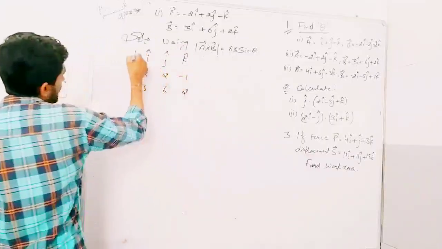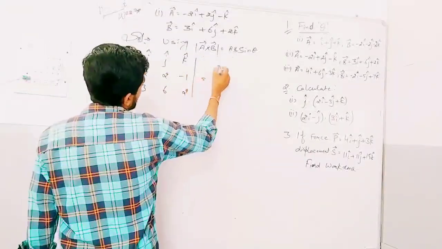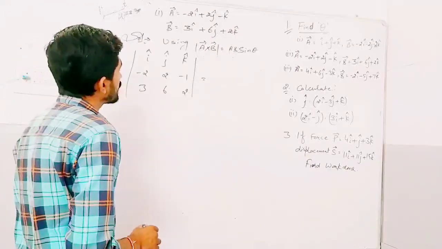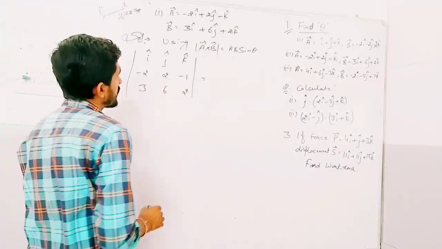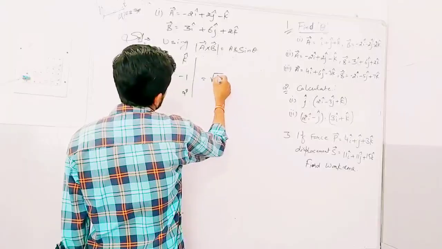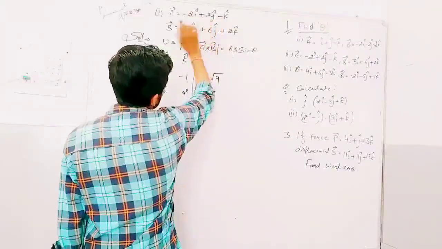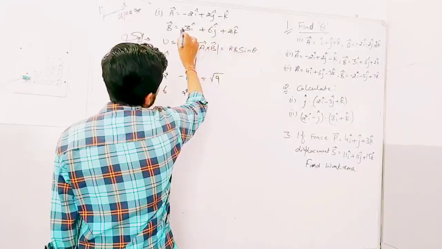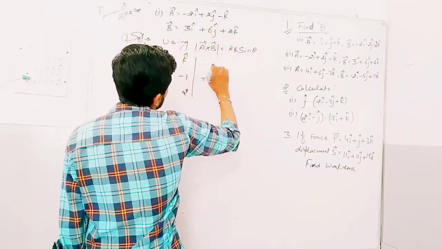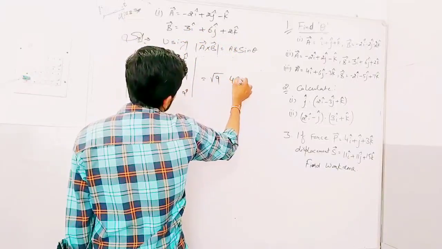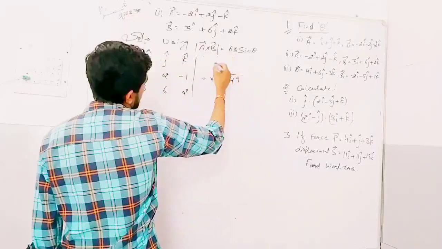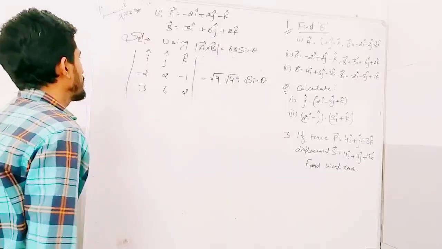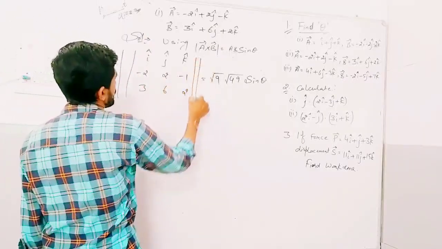I am just writing the values of vectors A and B, and here we have the magnitude of A. Magnitude of A is the square root of 4 plus 4 plus 1, which gives the square root of 9. For B it is 9 plus 36 plus 4, which is 49, square root 49. And AB sin theta, we have to find out theta.